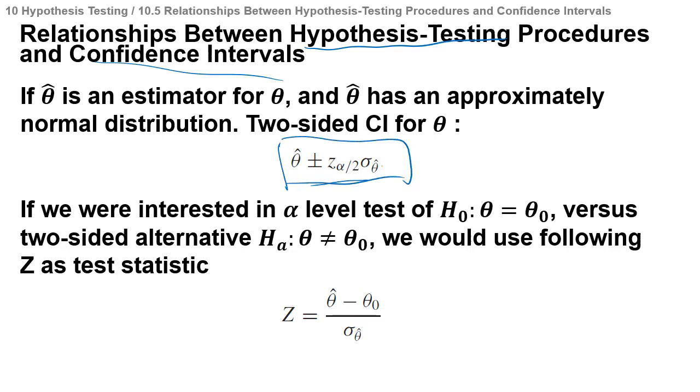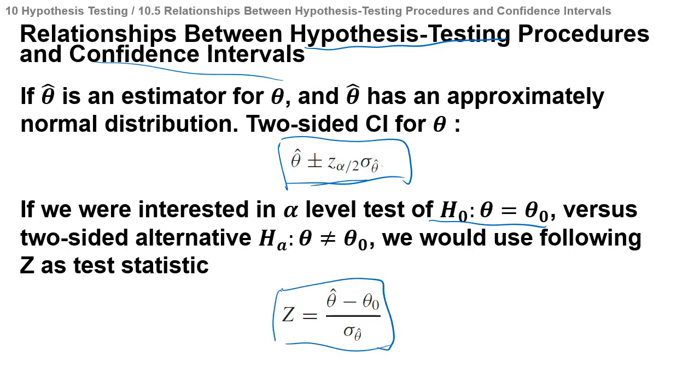Let's think about an alpha level test of this hypothesis test: zeta equals zeta 0 as the null hypothesis versus the two-sided alternative, which is zeta is not equal to zeta 0. We would like to use the following Z as our test statistic, this one.